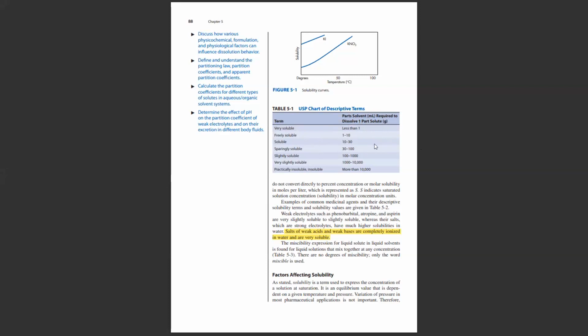You guys can go through this on your own time. But that's what the solubility expression is used for. The salts of weak acids and weak bases usually are completely ionized in water and are very soluble.